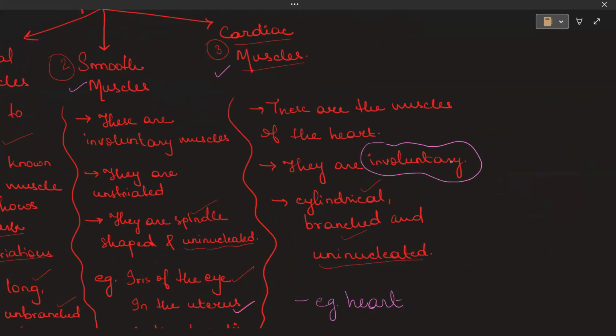No one can stop their own heartbeat, isn't it? Why? Because the muscles of the heart are involuntary in nature, not under our will, not under our control. Okay, it is not under our control.